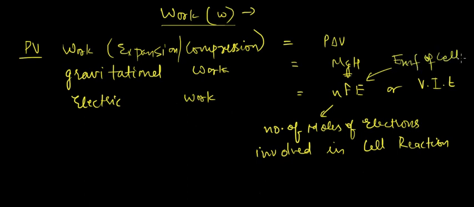We'll be discussing more on this chapter in the coming lectures, so you can leave this topic for now. And 1 Faraday is equal to 96500 coulomb. So these are all the types of work in physical nature, and specifically we'll be talking about PV work as a part of this chapter, which is thermodynamics.